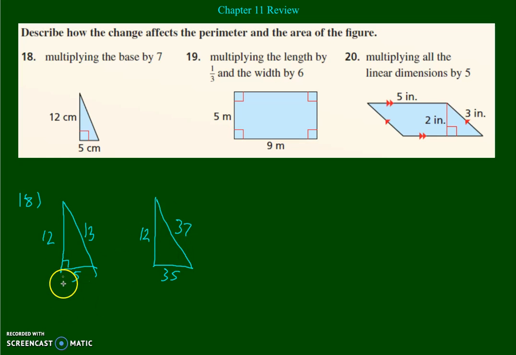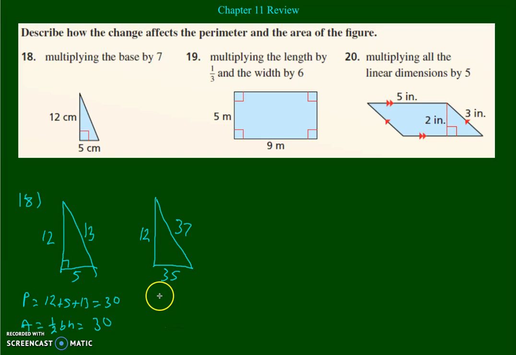Now let's calculate what the perimeter of this is. Perimeter is 12 plus 5 plus 13, which gives us 30. And the area is 1/2 base times height, which is also 30.